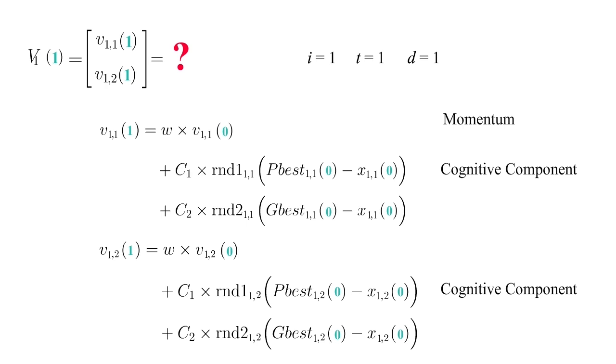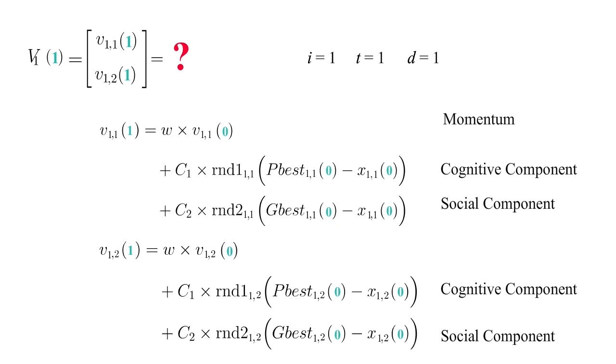It determines the strength of this attraction. Multiplying the distance vector by C1 scales the influence of the personal best position. RND1 is a random number generated for each particle, typically between 0 and 1. The random factor adds variability, ensuring that particles do not follow a deterministic path, which enhances exploration of the search space.